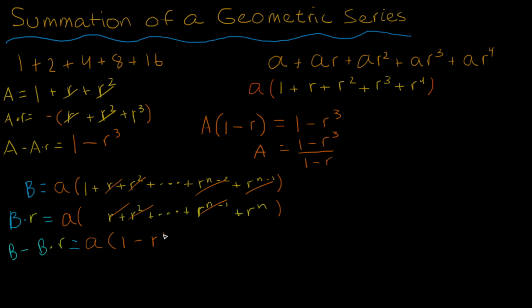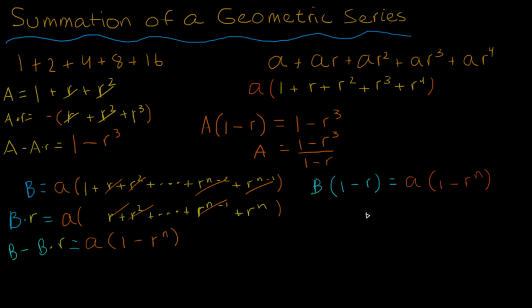So 1 minus r to the power of n, and now we notice that b minus b times r can just be written as b times 1 minus r, and as we saw over here, this is equal to a times 1 minus r to the n. This is the very nice thing.